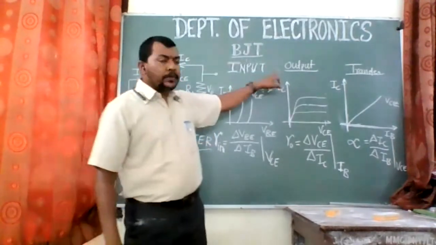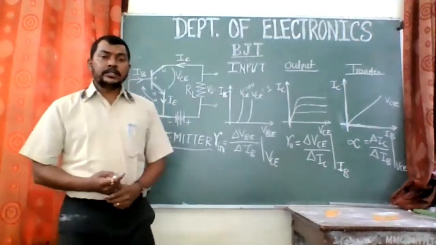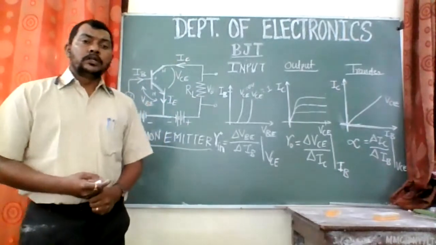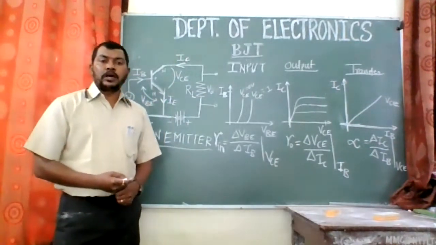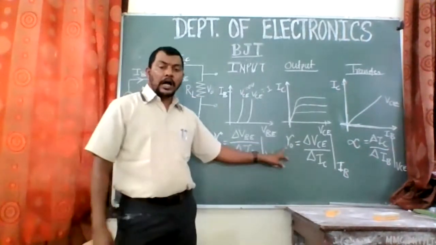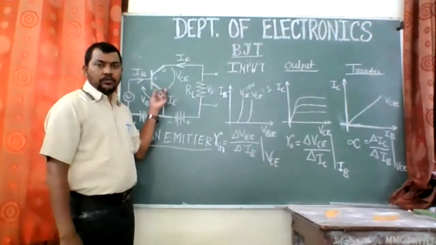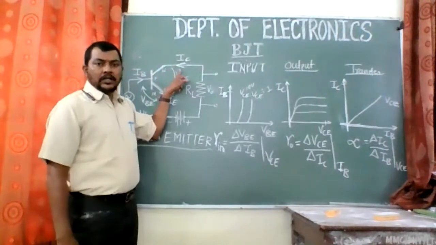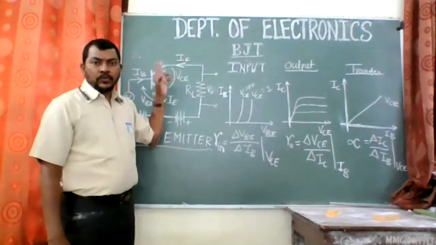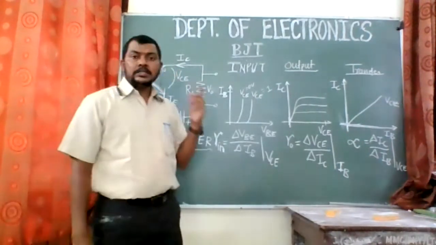Now the output characteristics is again the ratio of the output voltage upon output current, and we call it RO. The output voltage is the collector emitter voltage, and the output current is the collector current, IC.